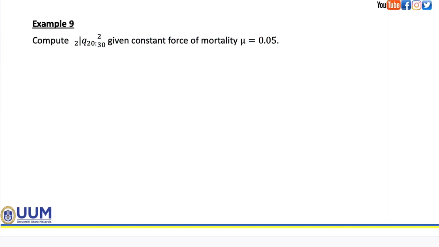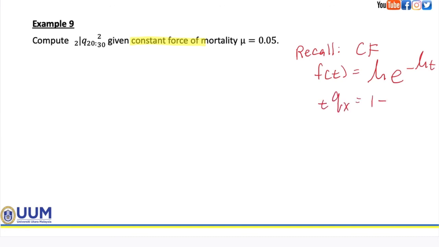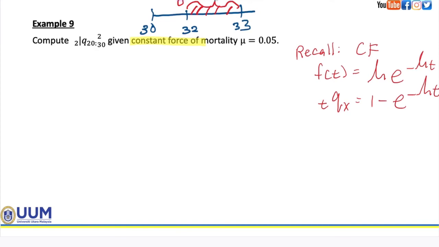Example 9. So this time you have to use constant force. So recall for constant force, the PDF is mu e to the negative mu T, and the TQX is 1 minus e to the negative mu T. So y dies second in the third year.